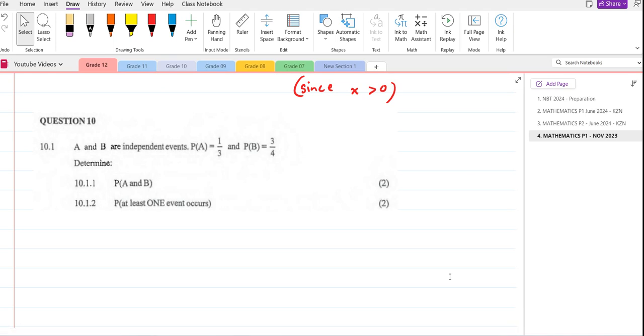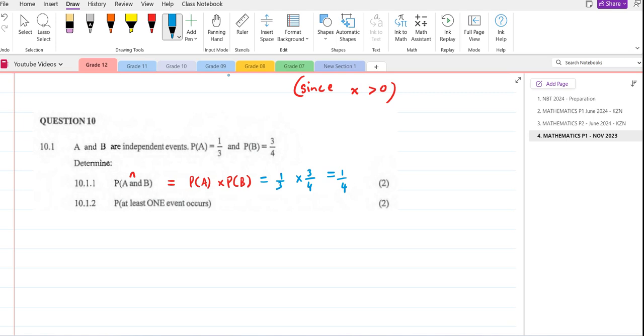Determine probability of A and B. Now probability of A and B is probability of A times the probability of B. That's what independent means. The intersection becomes a product. Remember, this is an intersection. So probability of A is 1/3 times 3/4. 3 and 3 cancels out, you got a quarter. That's your answer.